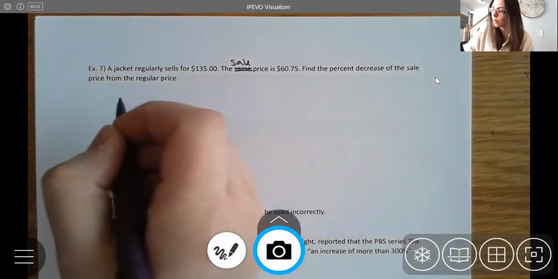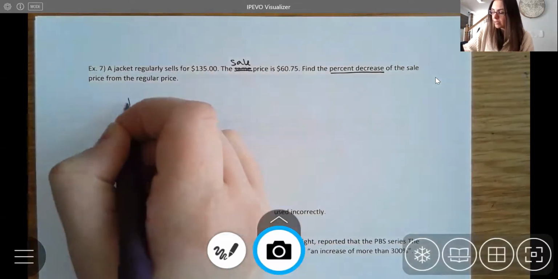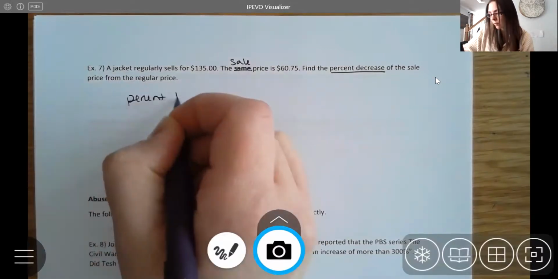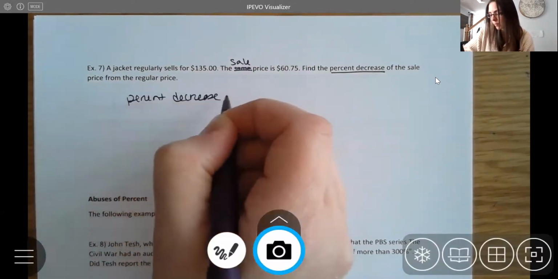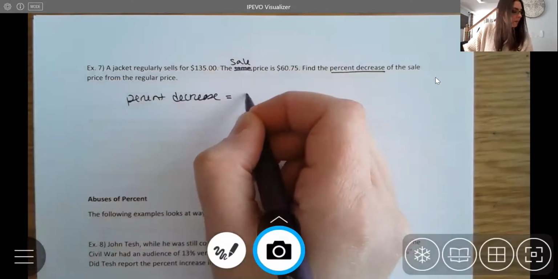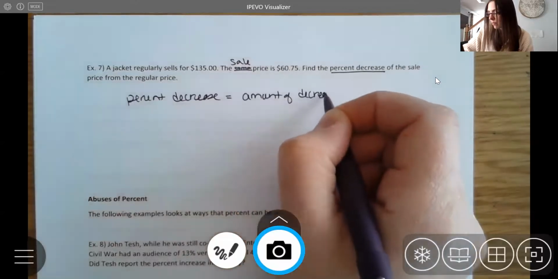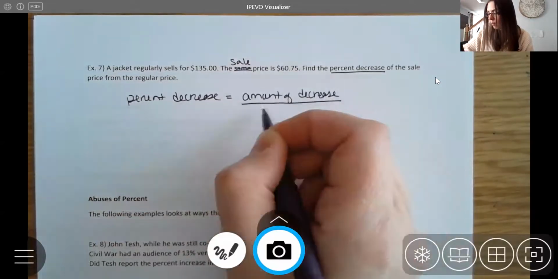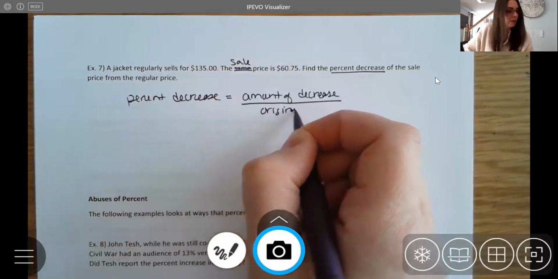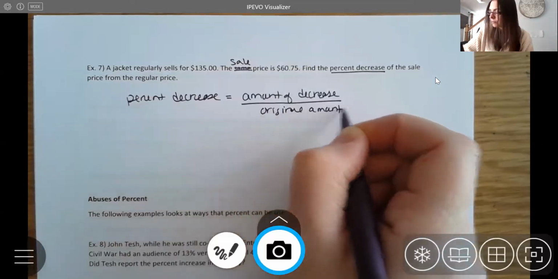Okay, so we're looking for percent decrease. So our formula is amount of decrease over the original amount.